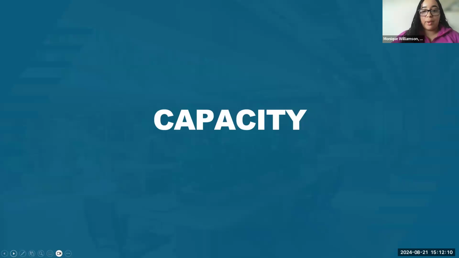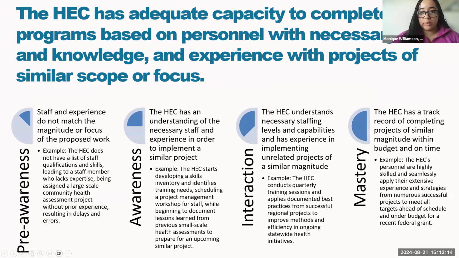So our next framework component we're going to cover is capacity. The aspect of this component is that the HEC has adequate capacity to complete programs based on personnel with necessary skills, knowledge, and experience with projects of similar scope or focus.